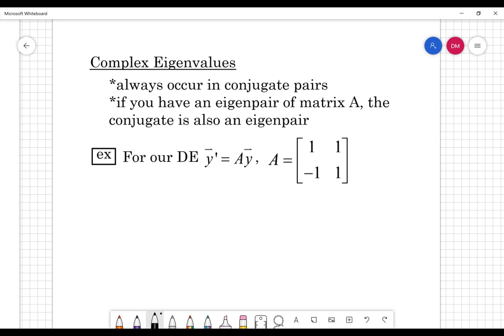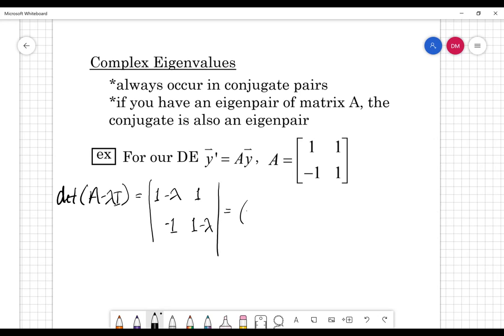Here's our differential equation, and this is what we're using as our matrix A. So let's go ahead and find the determinant of A minus lambda times the identity matrix. We get (1 minus lambda) squared, and then plus 1 equals 0.